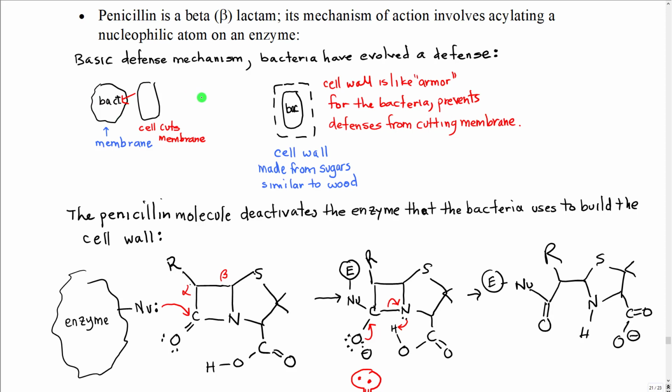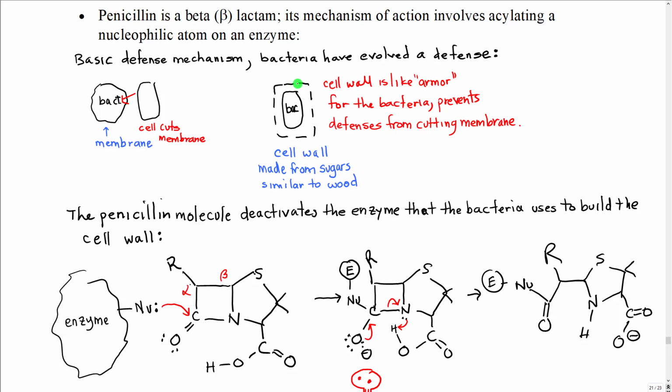As a result, there have been bacteria that have evolved a protection from our particular defense mechanism. What they do is they build around themselves what is called a cell wall. Cell wall is essentially made out of carbohydrates, made out of sugars. And in fact, it effectively is similar in terms of its composition to wood.